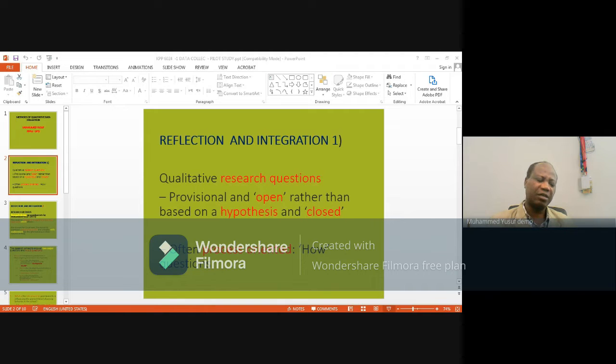Are the components of the questions included in the objective of study? Did you maintain the objective stated in your question or not?